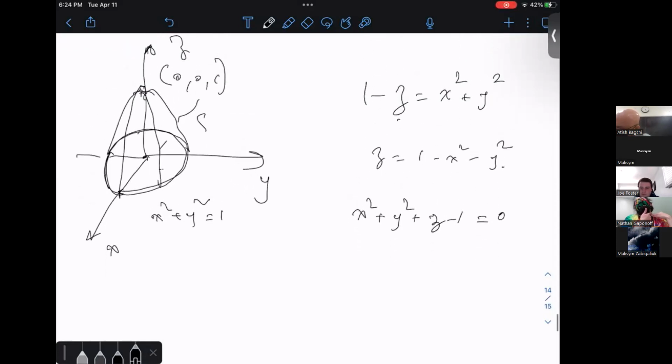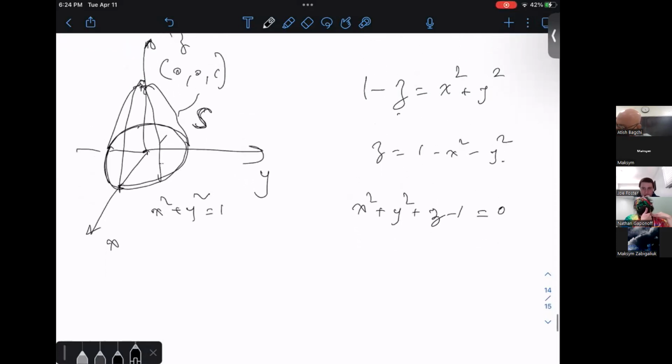So this surface S, or sigma, I don't even remember how it was called in the notes. Yes, the definition is in the notes. It's a sigma.